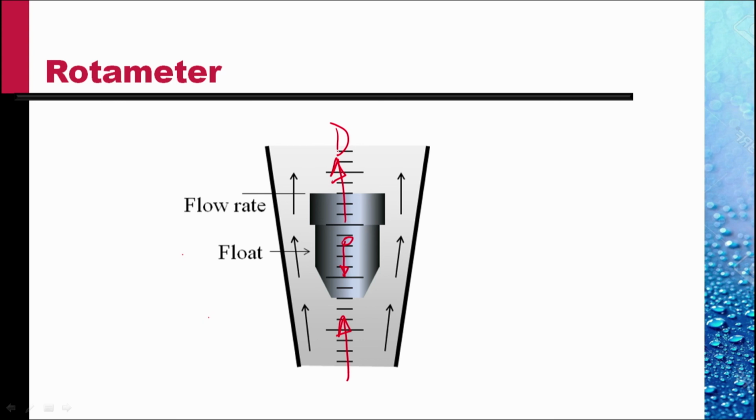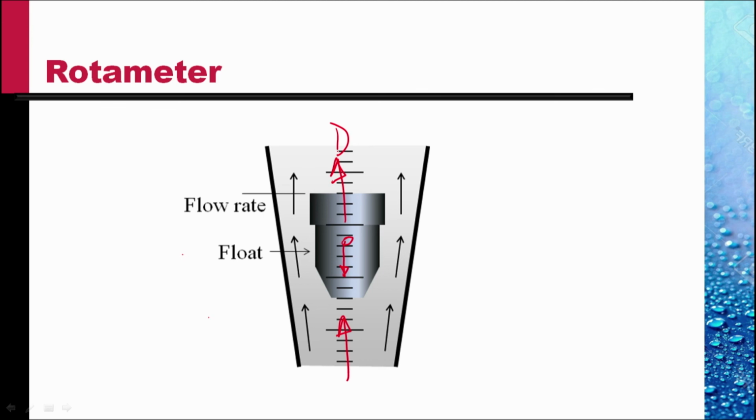The drag changes with the velocity of the flow and with the location of the float within the diverging passage of the rotameter. When the float is down, the passage around is narrower and there is more drag. For the same flow, when the float moves up, the passage around it is larger, so drag reduces.